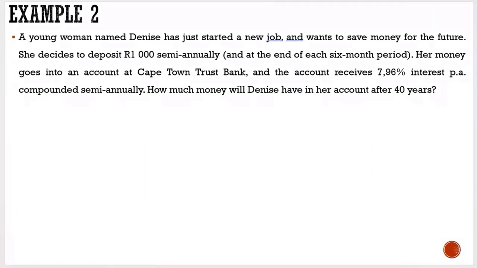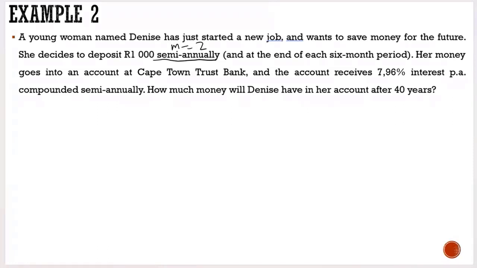How often is the payment made? It is semi-annually. What does semi-annually mean? It means this thing is compounding twice per year, at the end of each and every 6 months. That is twice per year, because you've got two 6 months in the year.